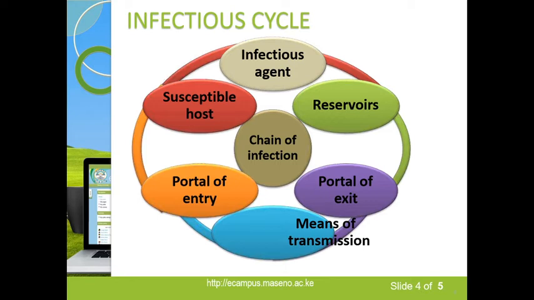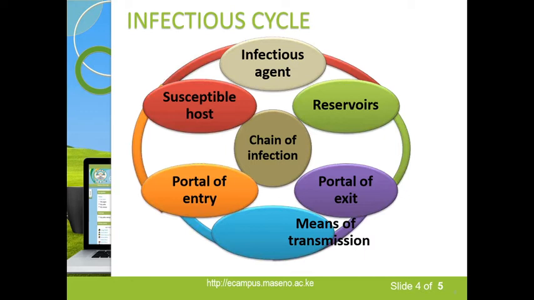In this case, if we have tooth extractions or manipulations, that leaves an open wound and makes that person a susceptible host. Another way a person can become susceptible is when the person has reduced immunity for one reason or another. It might be a disease, it might be a drug they're taking that may have lowered their immunity. Such a person is susceptible to the infection caused by the infectious agent.